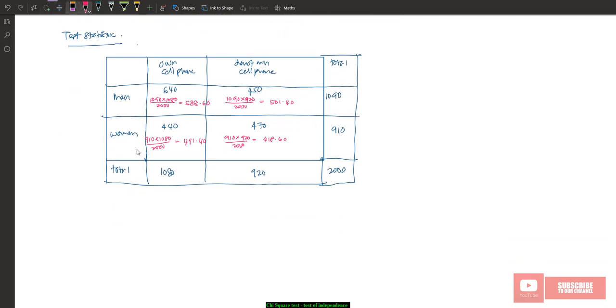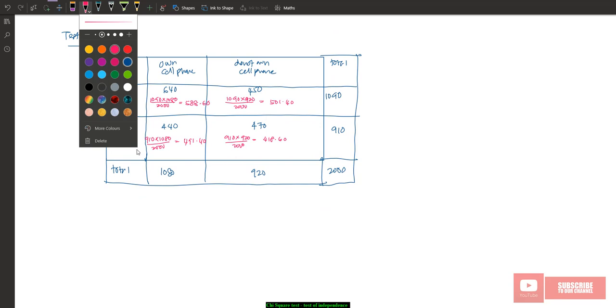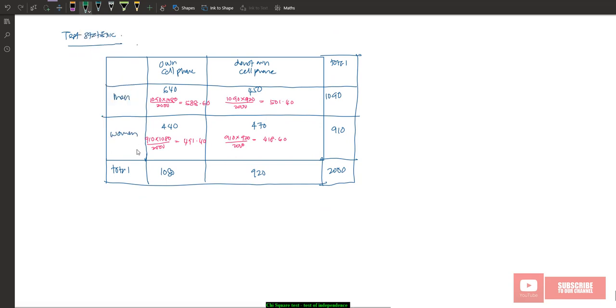So now we need to calculate the chi-squared calculated. It should be the summation of the observed frequency minus expected frequency, squared, divided by expected frequency.